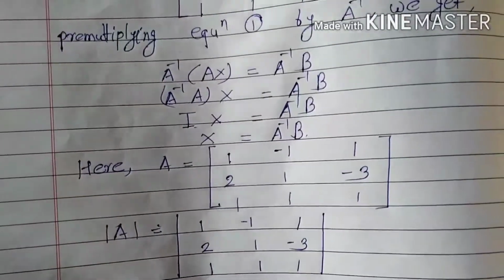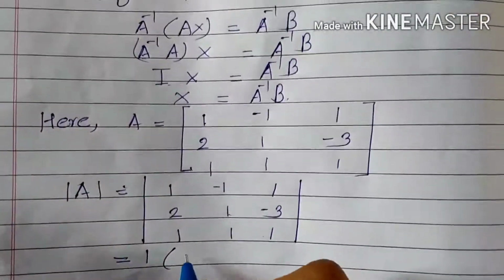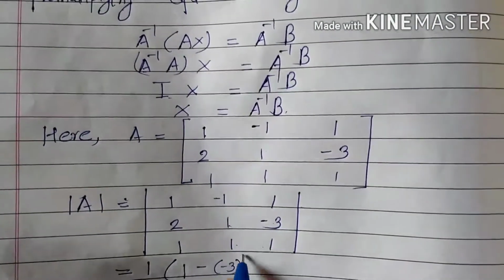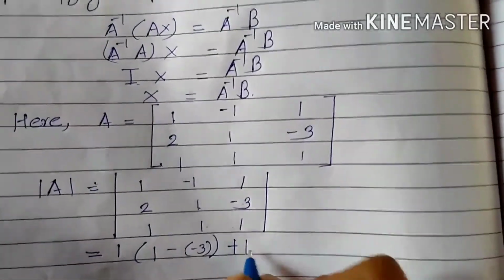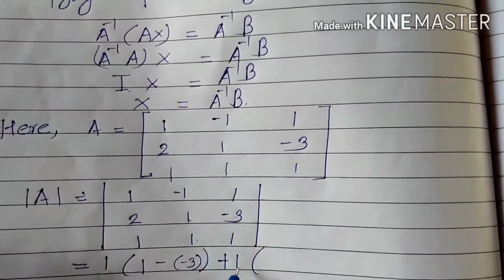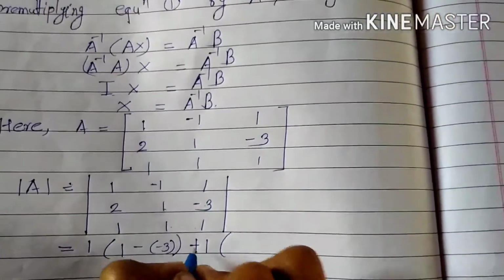Now find 1 into 1 1 minus 3, so minus 3. Next plus 1, because it is minus 1 and that minus gets plus, so plus 1.